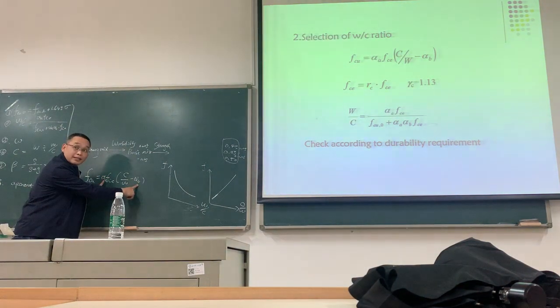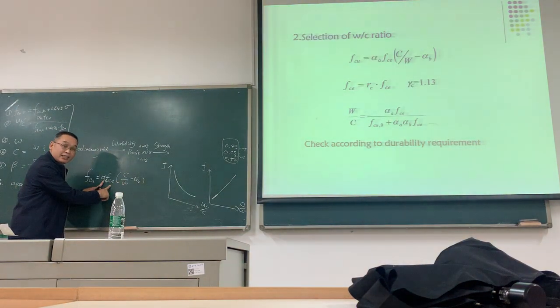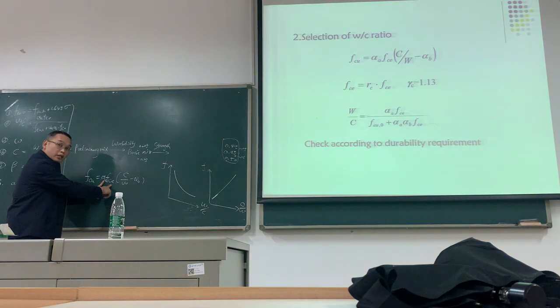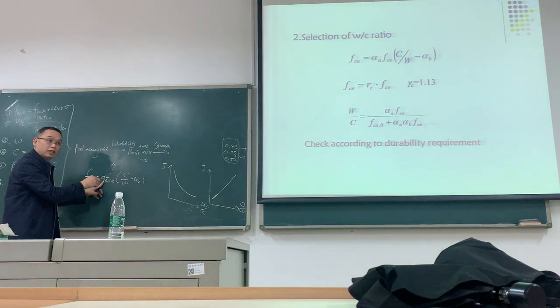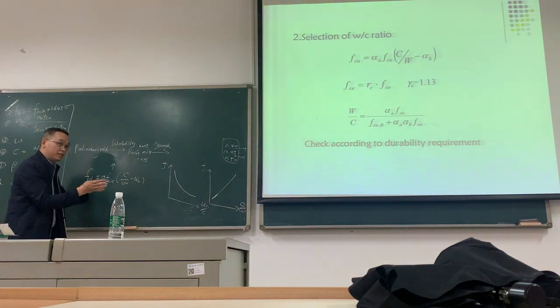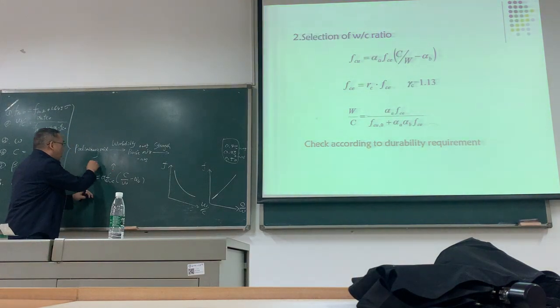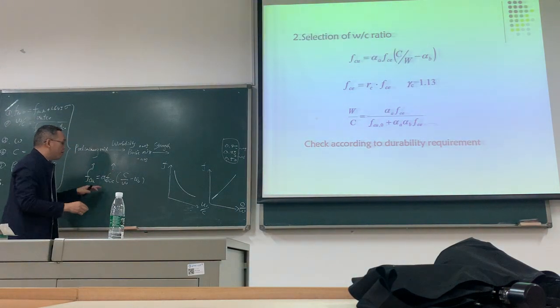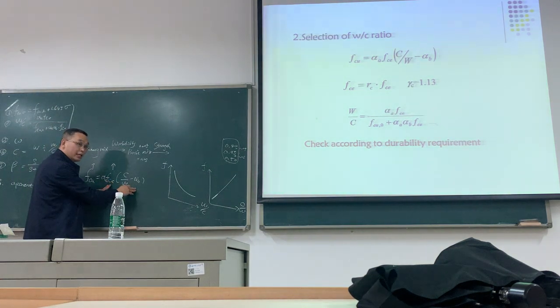These two are the constants, yeah? And this one is the strength of sand and strength of cement. So, if the strength of cement increases, they are not changed. If it increases, it will also increase. But if the strength of cement is not changed, maybe we need to consider that here.